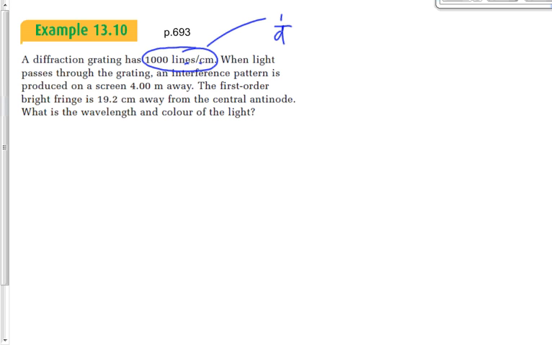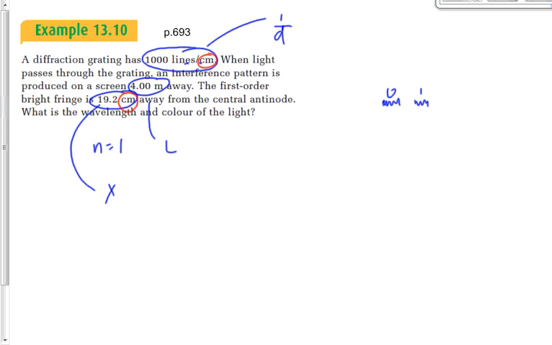That's going to be L. The first order bright fringe is produced 19.2 centimeters away from the central antinode. Okay, so central antinode, first order bright fringe, N is going to be equal to 1 here, right? And this is going to be X, although remember to circle these things, because we want to deal with those later on.